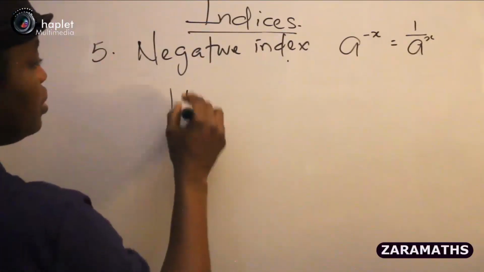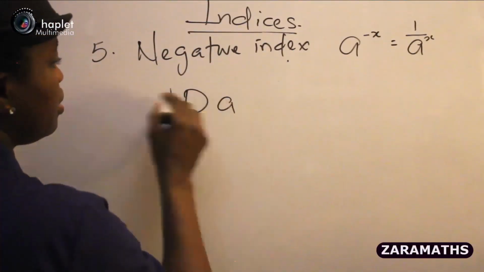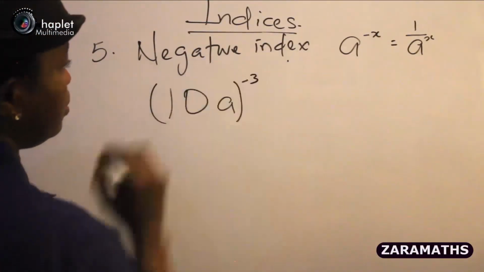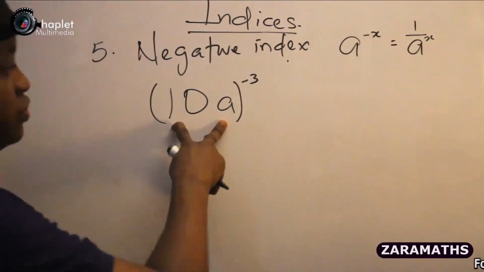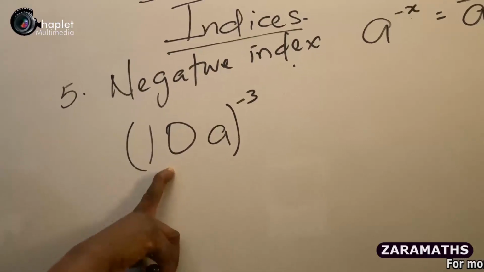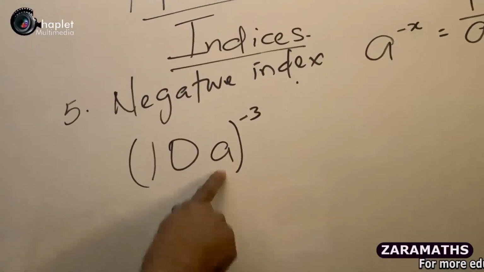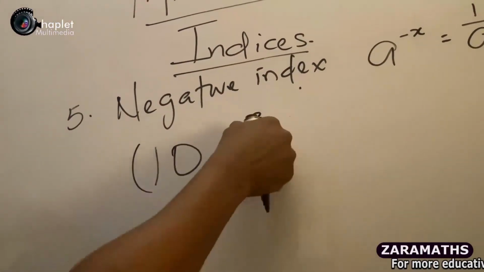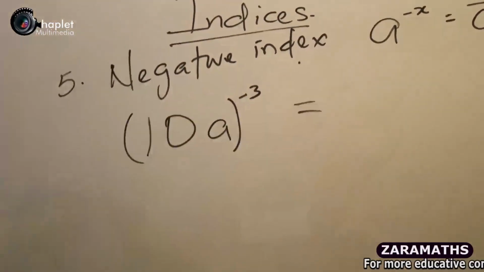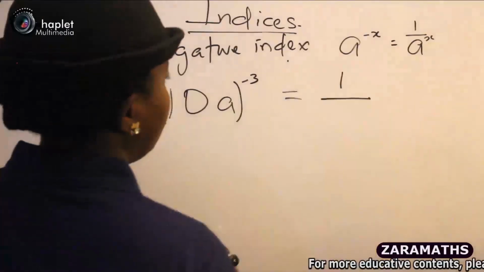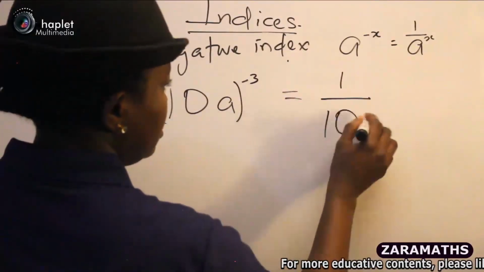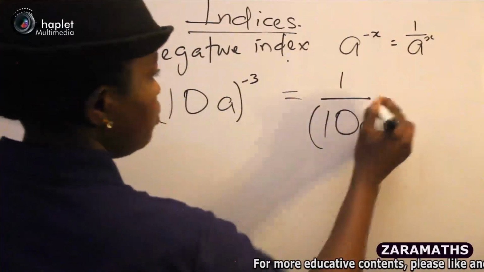Another example, 10a raised to the power of minus 3. In this case, we have a coefficient and the base, the whole of it raised to the power of minus 3. Applying the law, it is just saying 1 all over 10a raised to the power of 3.